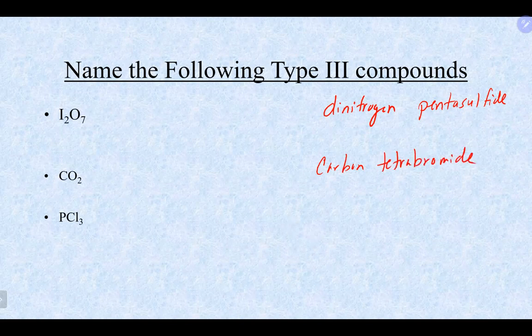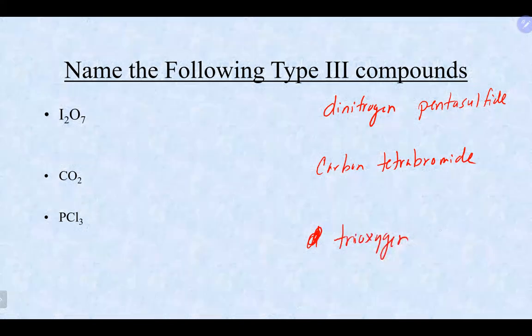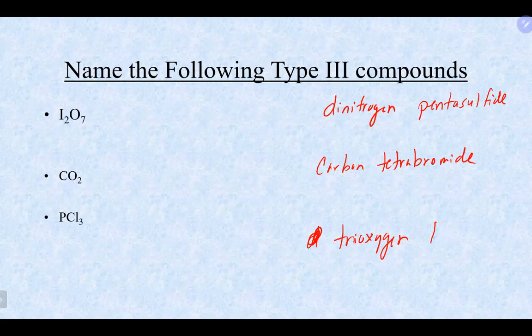And let's just make up one: trioxygen hexoxide.